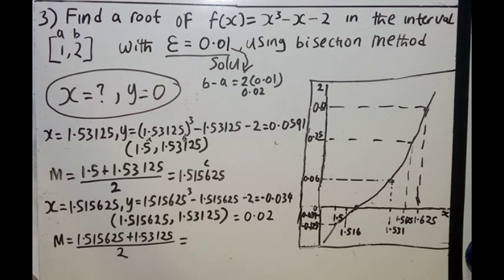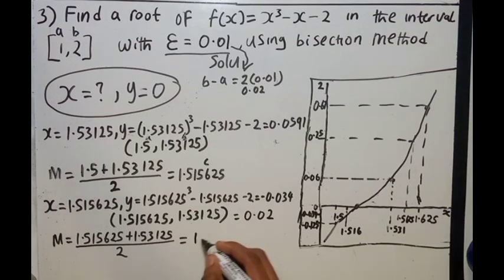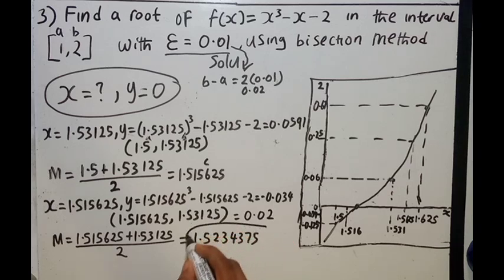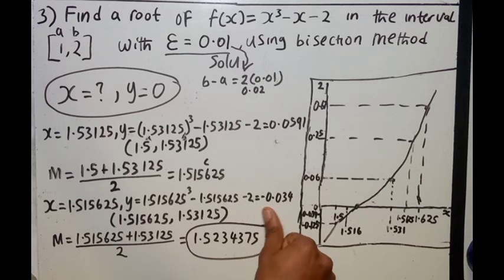Now this will give us 1.52, let's say 234375. So this is the final answer where we are going to be stopping, because we have gotten that tolerance factor that we are looking for. So this is the approximate value of x when y is 0.